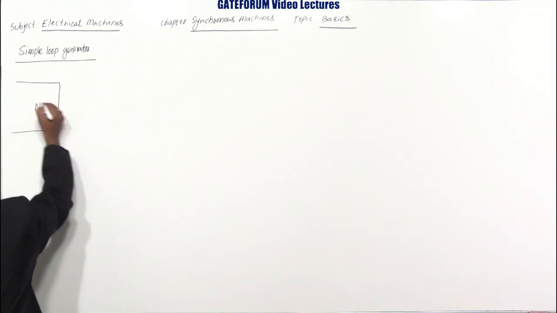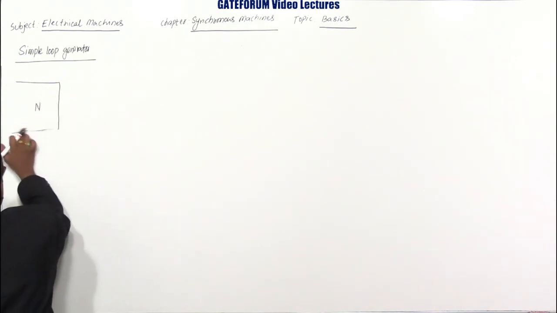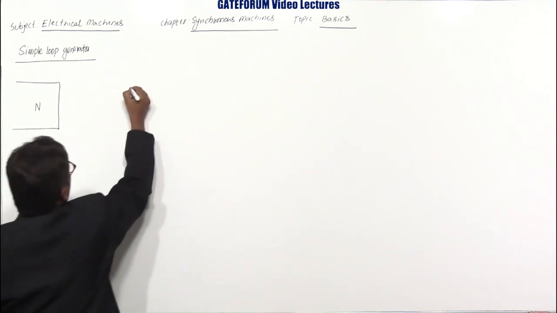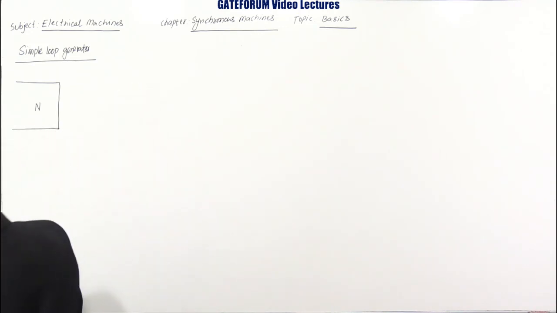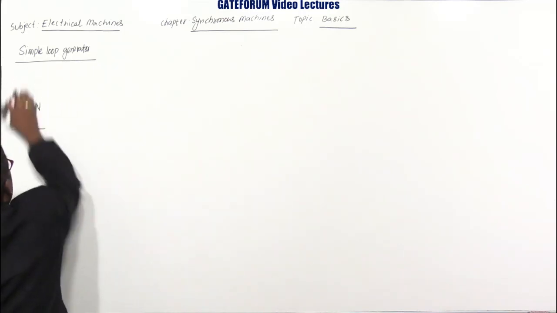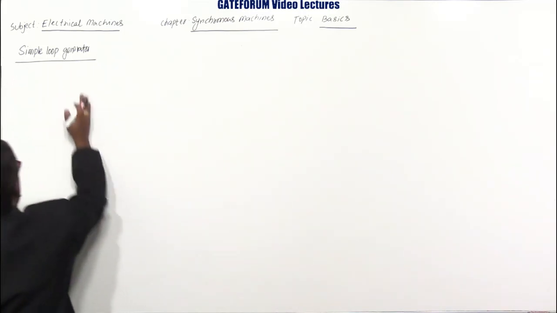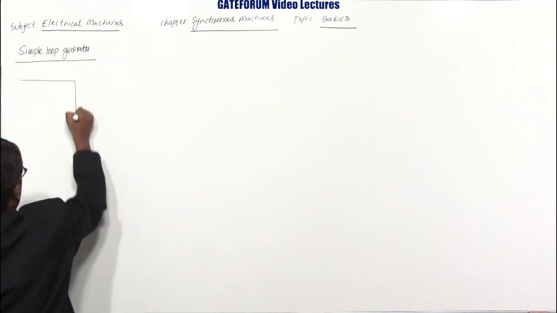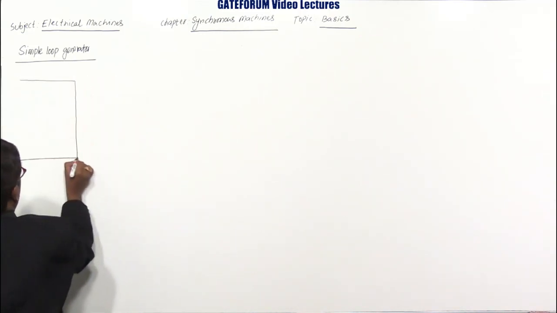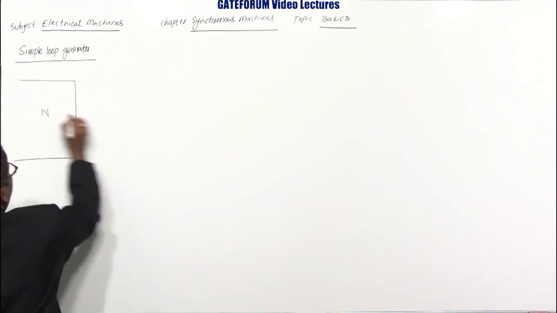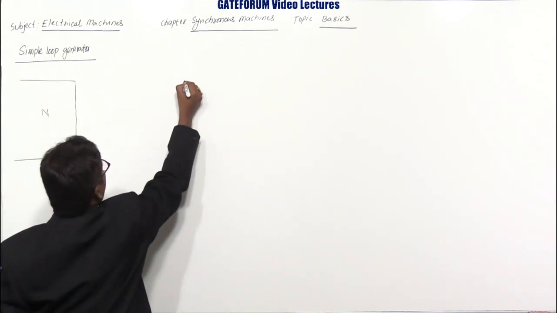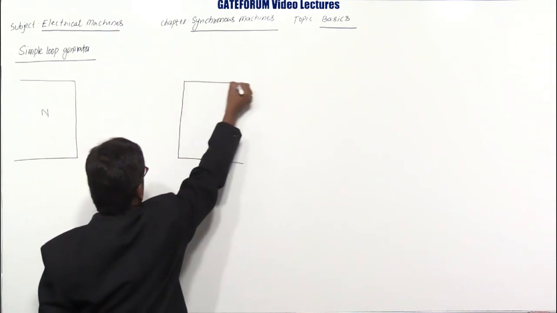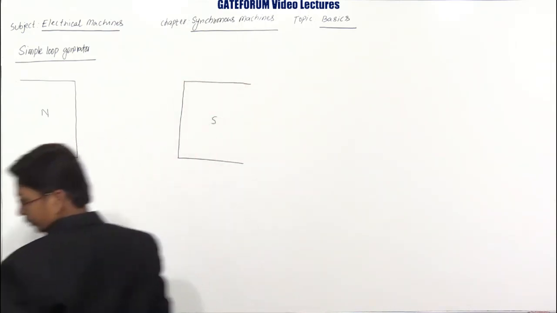So this is the north pole we are having, let me draw somewhat bigger. This is the north pole, and this will be the south pole.